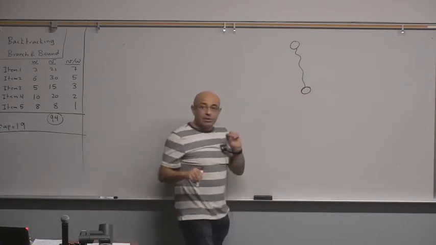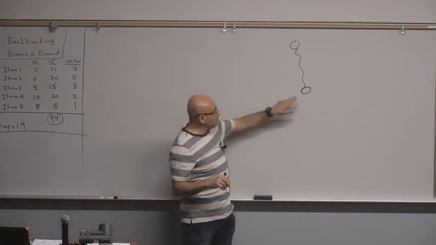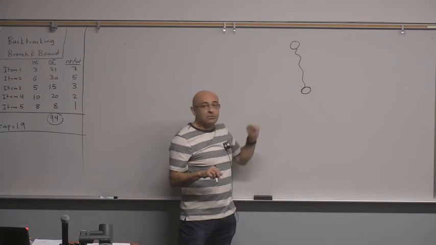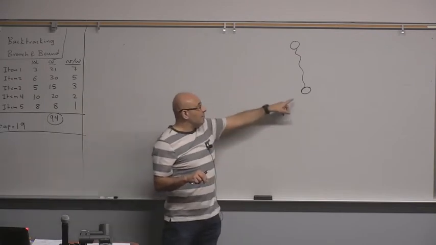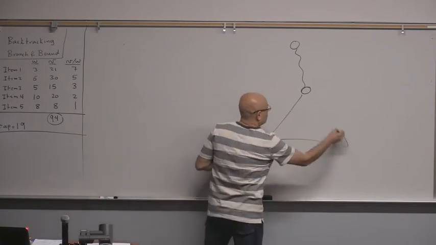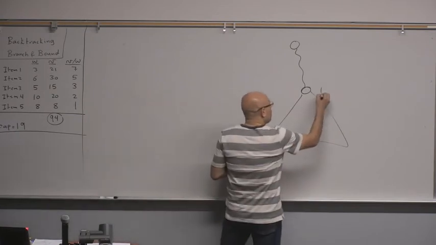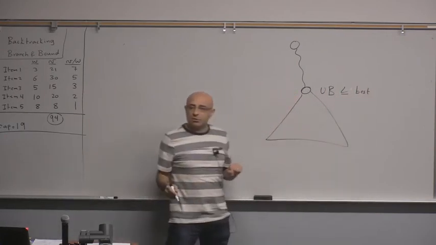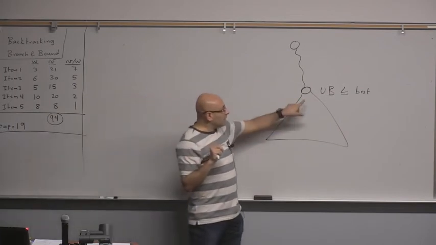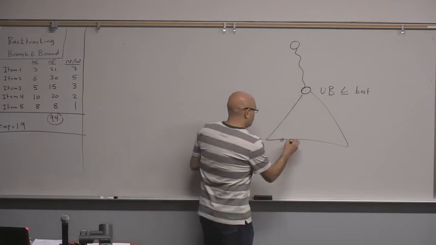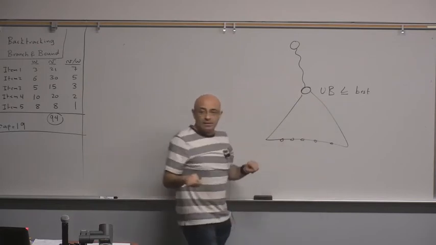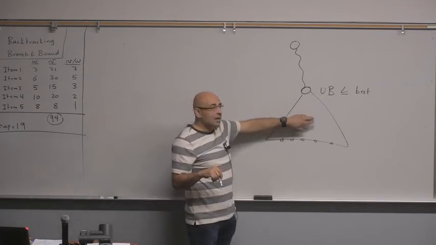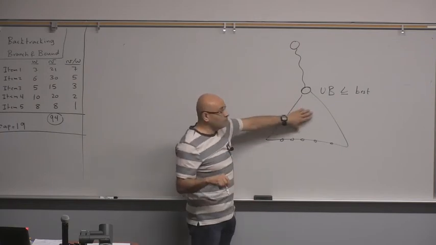So if we can use the decisions that we have made to compute a bound on the best solution, or any solution, that we can ever reach below this node, and we can argue that this upper bound on the value is going to be less than or equal to the best solution found so far, then this will prove that there is no need to explore this entire subtree, and we can just backtrack and consider other decisions, and prune this subtree away.